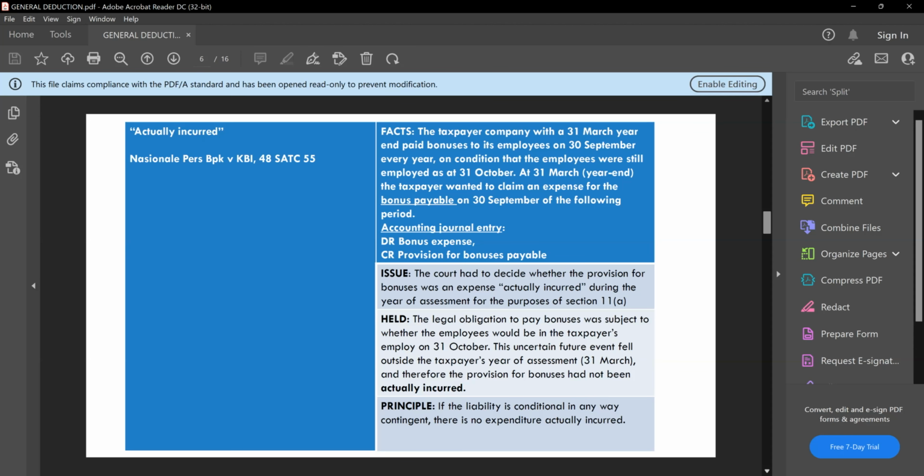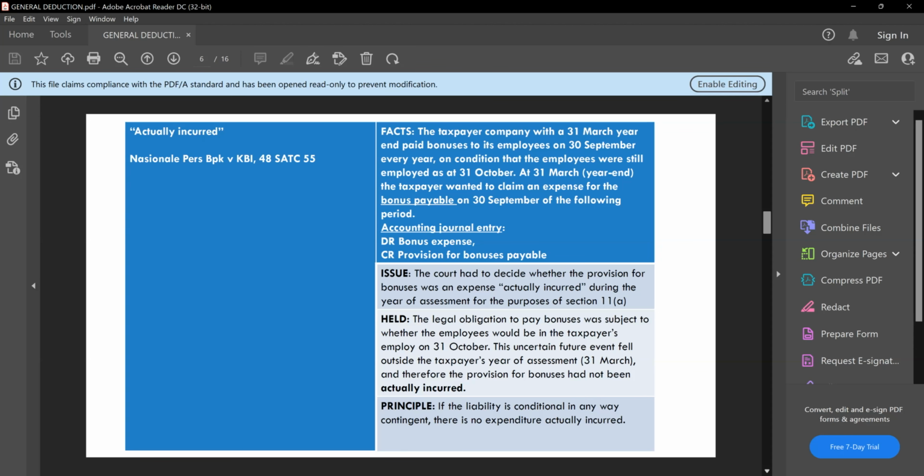The principle is, if the liability is conditional in any way or contingent upon a certain event, then there is no expenditure actually incurred. So these principles are very important because the bonus which the taxpayer would pay to the employees sounds like a genuine expense, right?